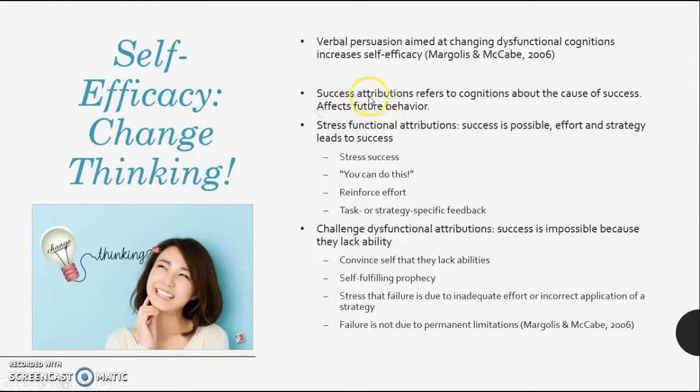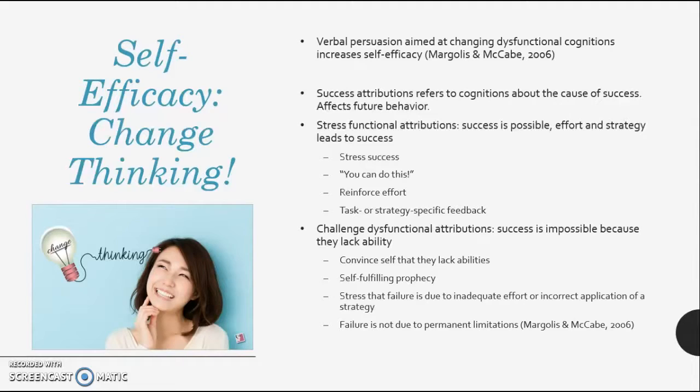This belief can affect future behavior. So as an instructor, we want to stress functional attributions. We want to encourage students to believe that success is possible, that success comes from effort and strategy. It's not about ability.